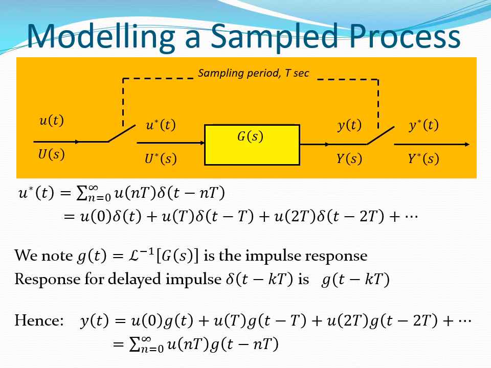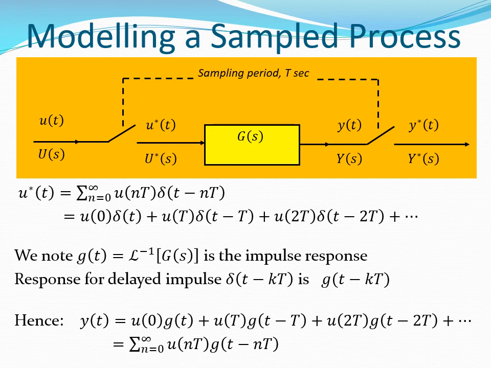The input to the process is a sequence of numbers. Therefore, it can be expressed as a summation of weighted impulses at the respective sampling instants. The summation can be expanded into the expression shown.